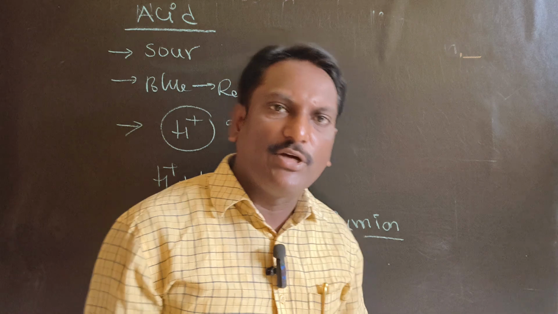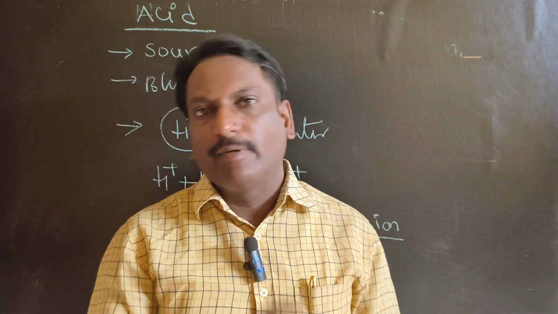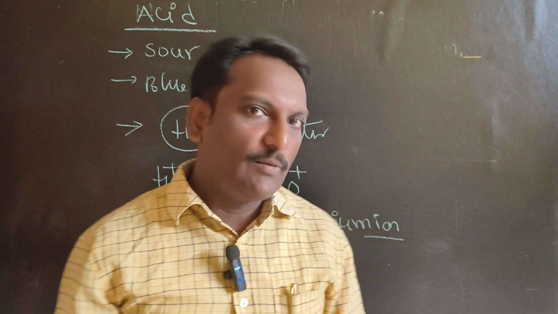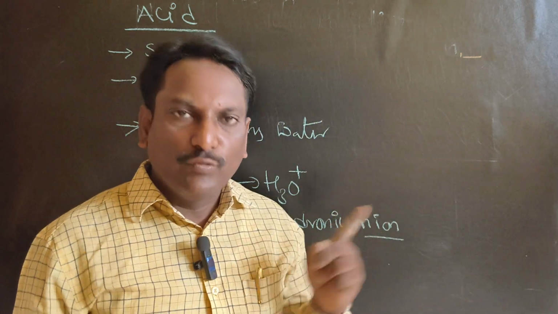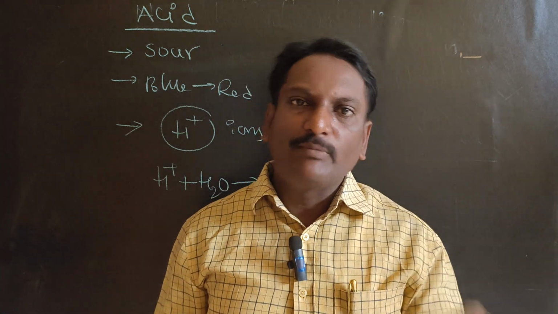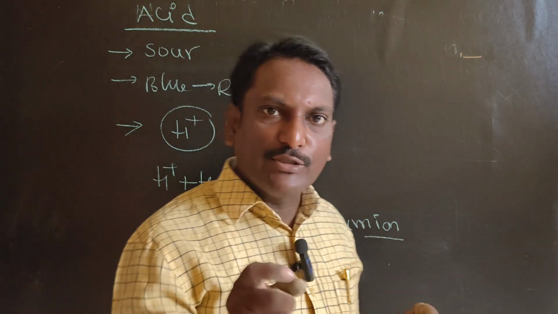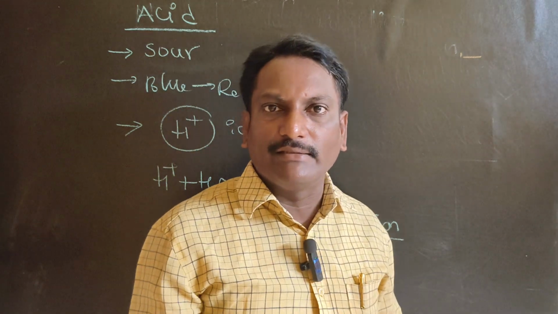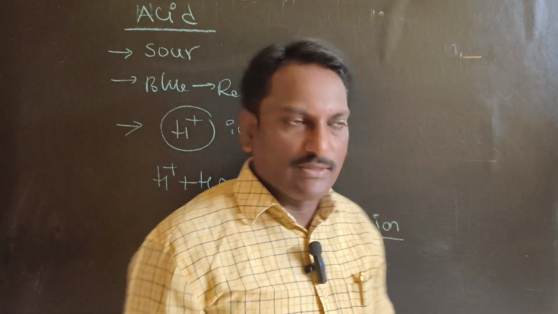This is a few words regarding acids. In the second chapter, acids and bases, I am going to explain in detail what is meant by acids and their physical and chemical properties. But for neutralization reactions, we must know what is meant by an acid and its examples, and what is meant by a base and its examples. So I would like to minimize the discussion and just give examples of acids and bases.